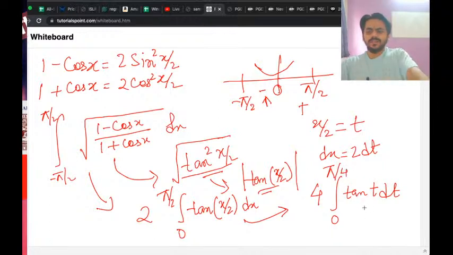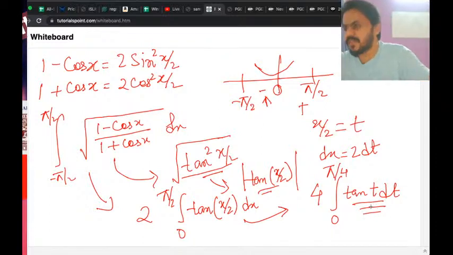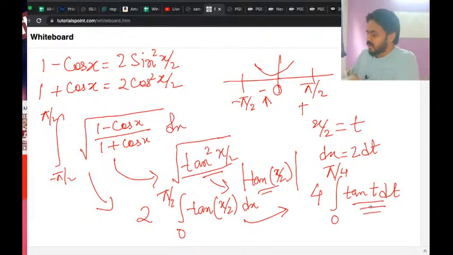Now what is the integration of tan? That is what we have to remember now. Now how do you integrate tan? I have a ready-made formula for that. I'll directly use that. I'll not go through the trouble of deriving those things now.